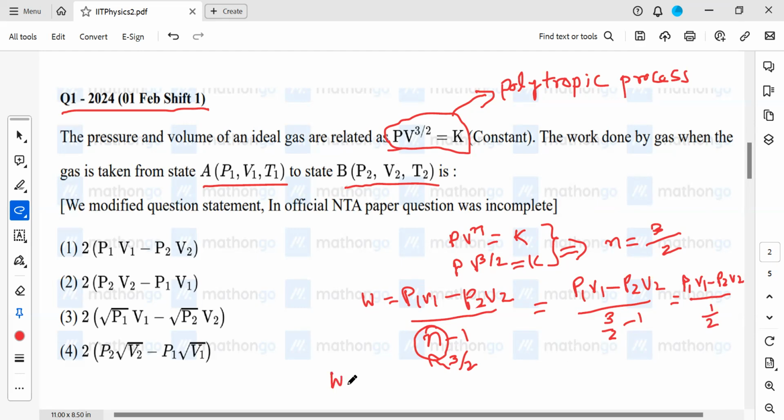Therefore, the work done becomes 2 into (P1V1 minus P2V2). So this is the solution.